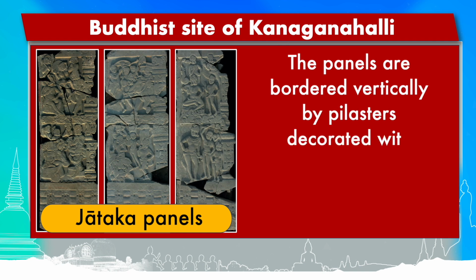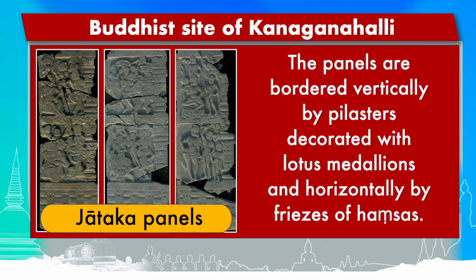Apart from the Jatakas, the panels also contain the portrait sculptures of important kings of the Satavahana dynasty like Siri Satakarni, Pulumavi, Simuka, and most interestingly the portrait of King Raya Asoka of the Maurya dynasty with a label inscription below it. The panels are bordered vertically by pilasters decorated with a lotus medallion and horizontally by friezes of Hansas.